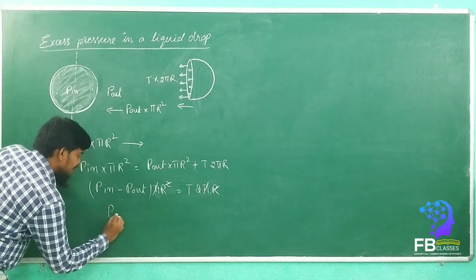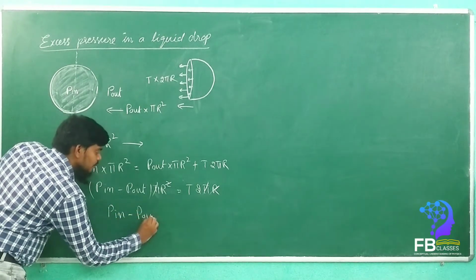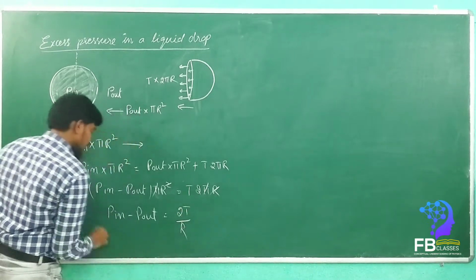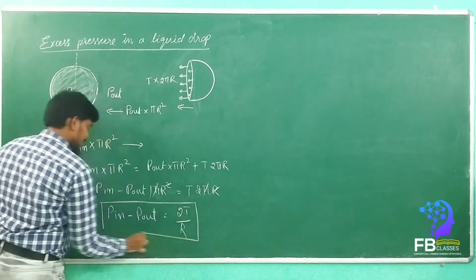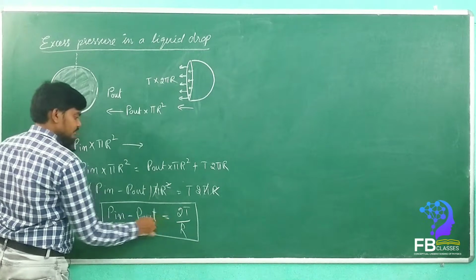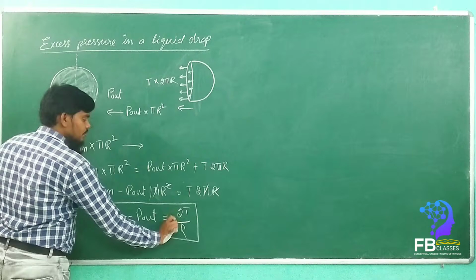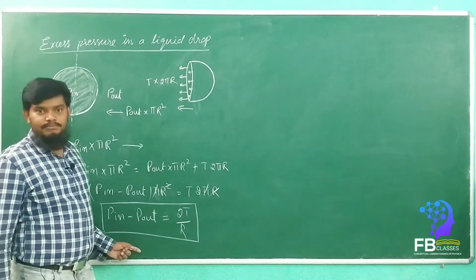Now P in minus P out is equal to how much, my dears? 2T by r. This is the excess pressure. Yes or no? The excess pressure in a liquid drop is 2T by R.